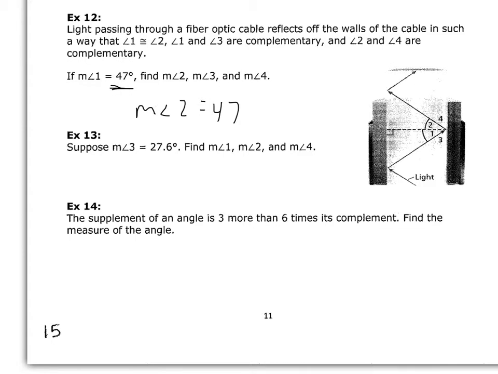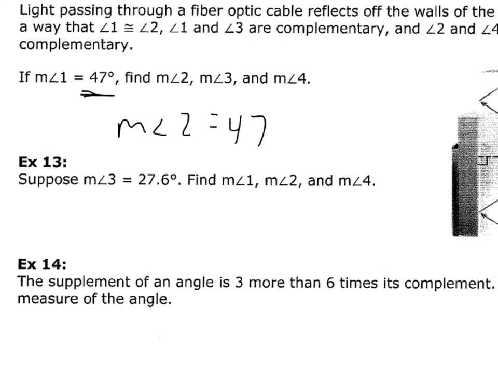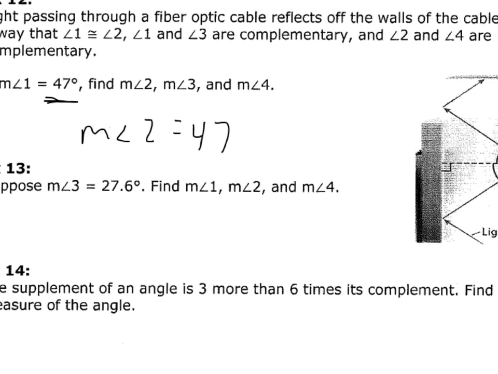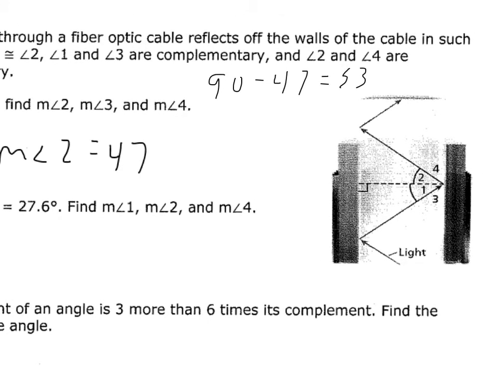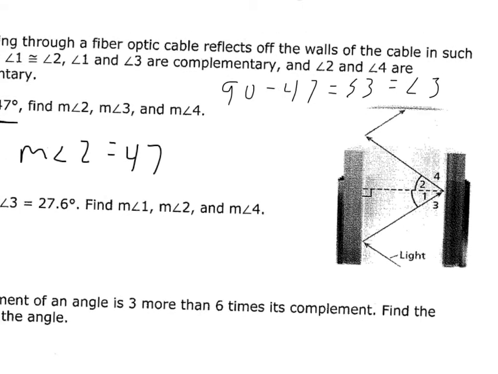So we know that angle 1 plus angle 3 has to equal 90. So we'll do 90 minus 47, and that's going to equal 53. So we know that one is going to be angle 3. So all we have left is angle 4.